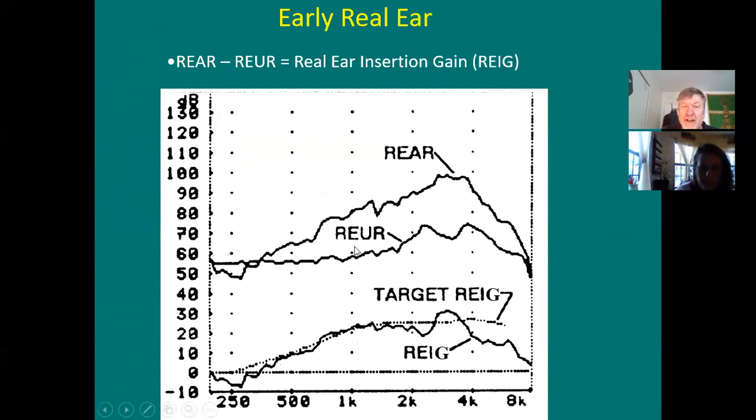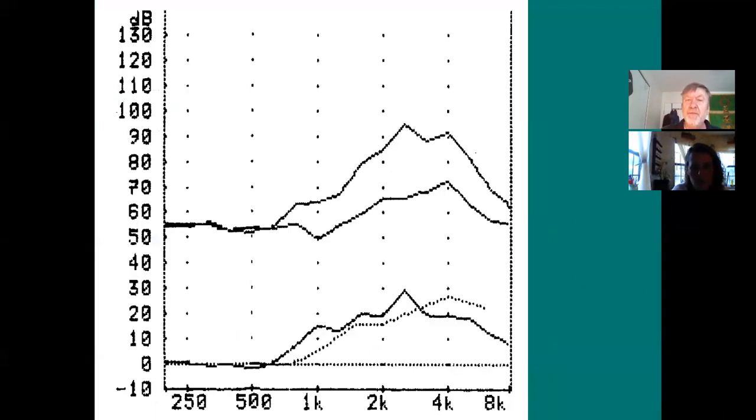Okay, if I look at 1,000 hertz, if I take this value here, 80, and I minus this value here, 60, I'm going to get this value here, 20. So at any particular frequency, if I look at this value here at 2,000, and I minus this value right here at 2,000, I'm going to get this value here at 2,000. REAR minus REUR equals REIG.